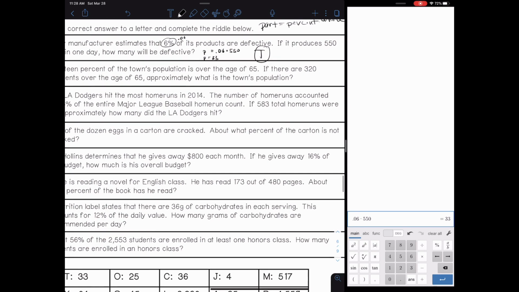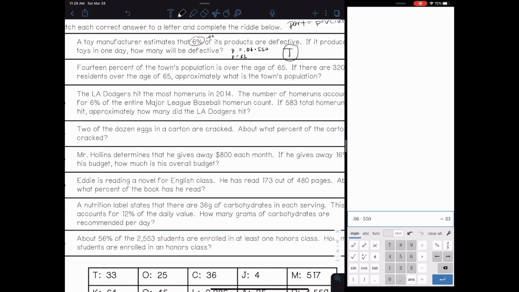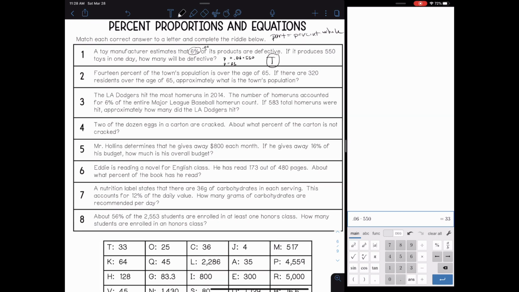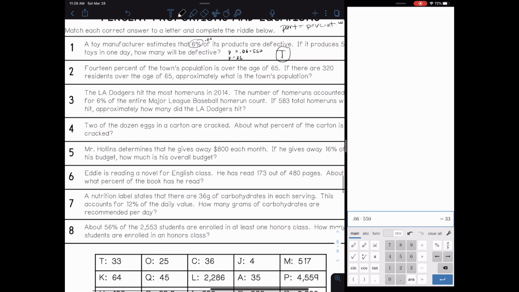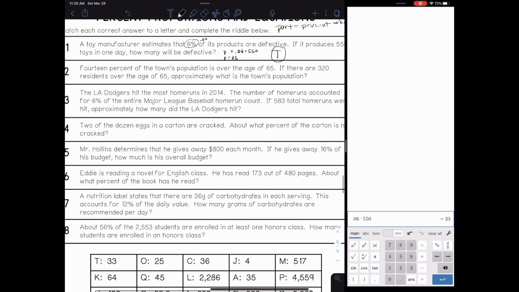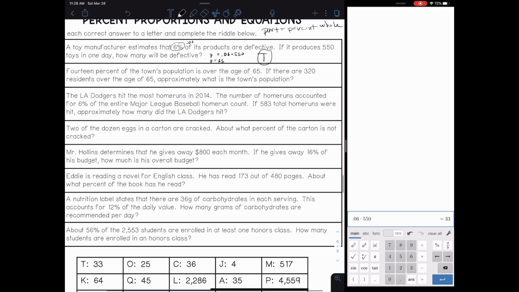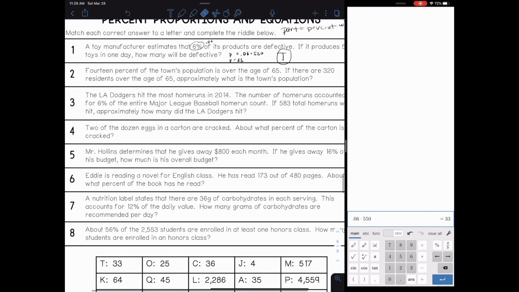The next one. 14% of the town's population is over the age of 65. If there are 320 residents over the age of 65, approximately what is the town's population? So part equals percent times whole. Did they give us a percentage? They most certainly did.